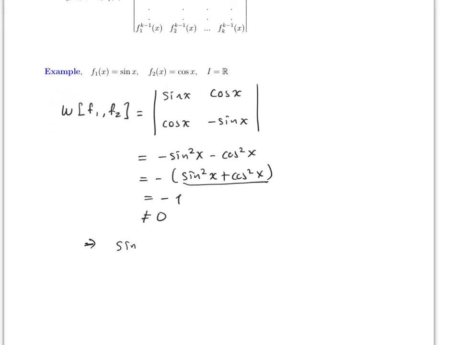So the Wronskian is not equal to 0. That implies sine x and cosine x are linearly independent. So every time you have functions, this is how you should check if functions are linearly independent or not.